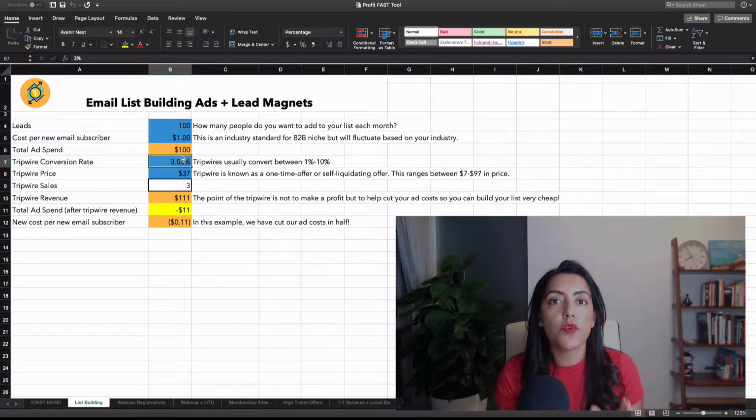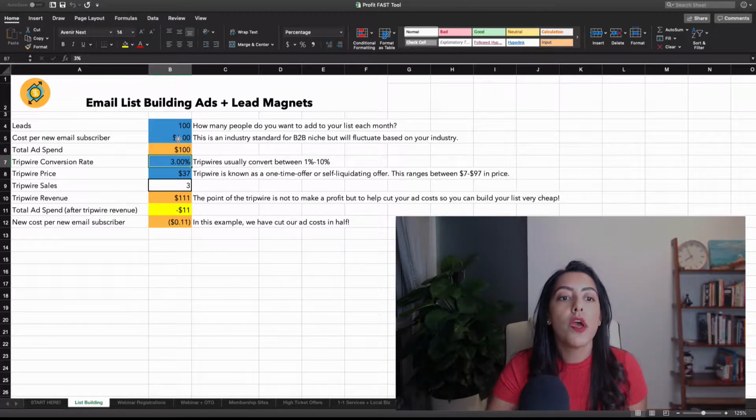So there's a lot of good reasons why we like to do this method, because not only does it help cut the costs of your ads, but it also makes sure that you're targeting the right people, and it identifies that your messaging is on point.